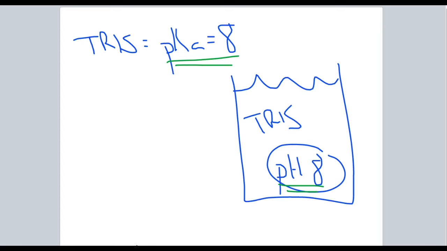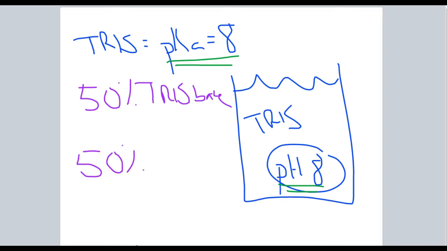So we know that 50% of this Tris is dissociated and 50% is not. So 50% of that Tris is a base, and 50% of that Tris is an acid. It's at 50% dissociation.